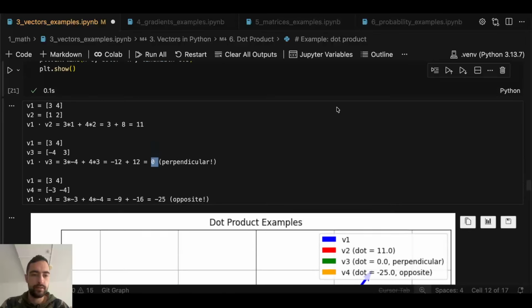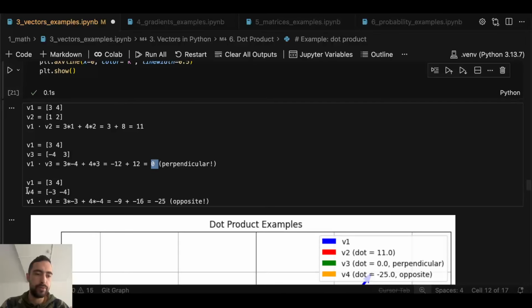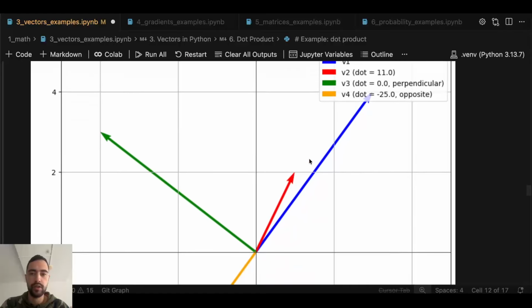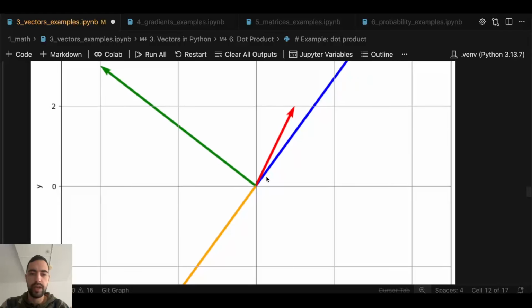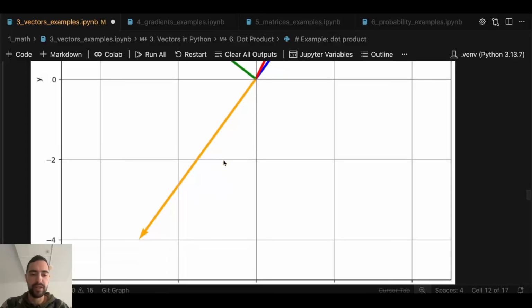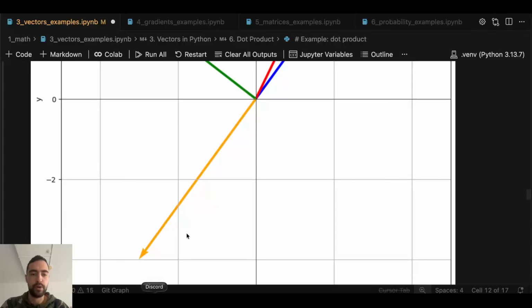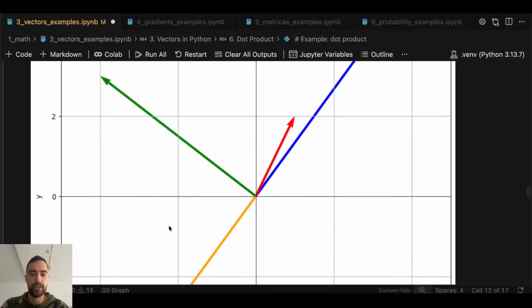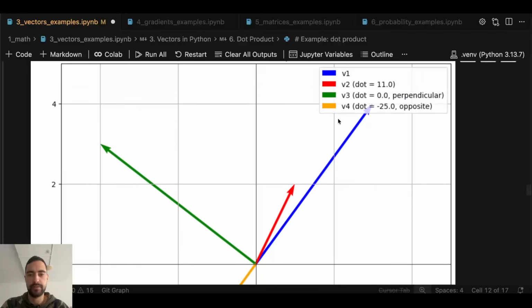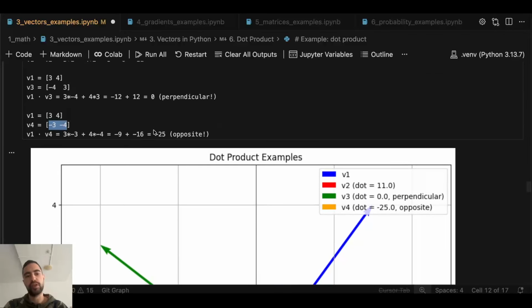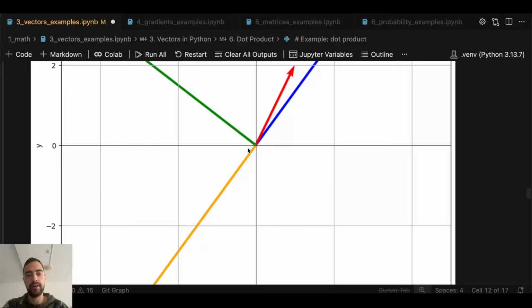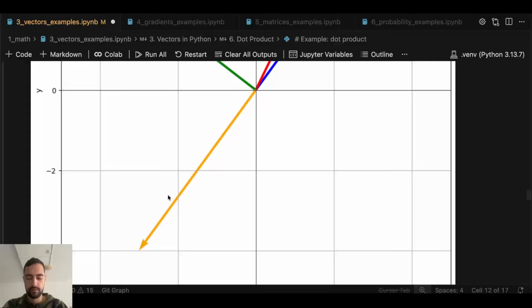And then v1 and v4: v4 is actually -3, -4, so the blue and the yellow are very different because they point in opposite directions. So their dot product will be a large negative number, -25, because they are very different.